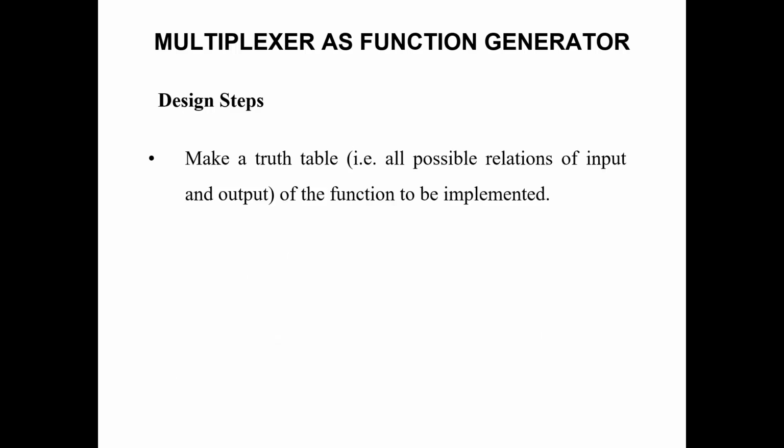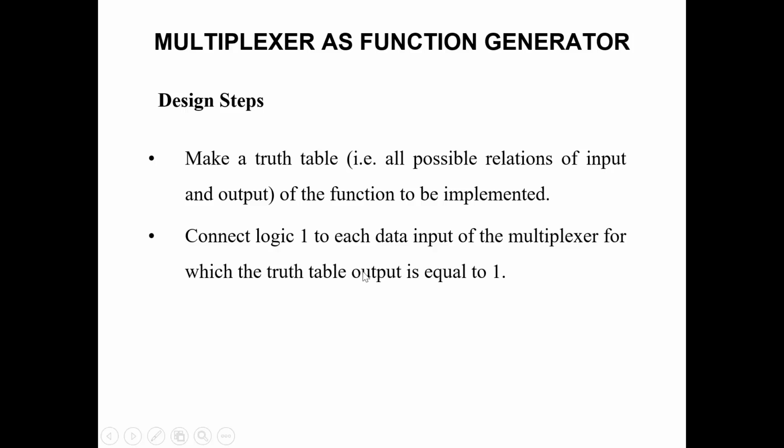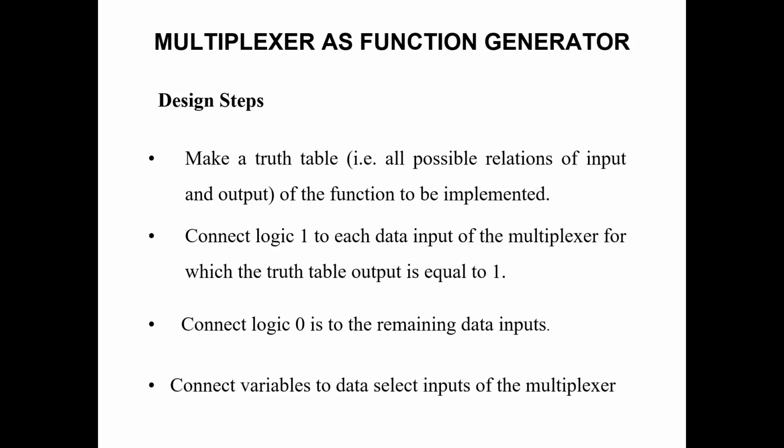The various design steps are: make a truth table of the function to be implemented, connect logic 1 to each data input of the multiplexer for which the truth table output is equal to 1, connect logic 0 to the remaining data inputs, and connect variables to the data select inputs of the multiplexer.